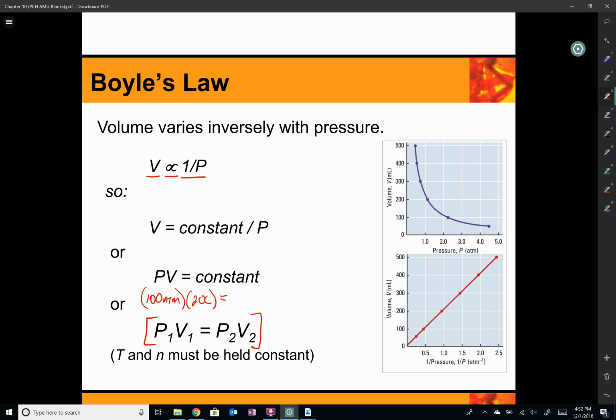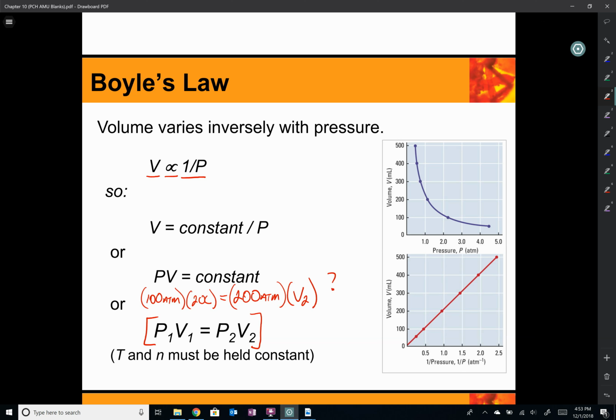So if we assume we have a gas at 100 atmospheres in a 20-liter container, I could ask what volume would it take up if we increase the pressure to 200 atmospheres? What would the volume be at that point? So that's how we use that. This is a typical question for Boyle's Law. And don't worry, we'll do a couple more examples later. So I'm just walking you through what the different variables mean at this point.